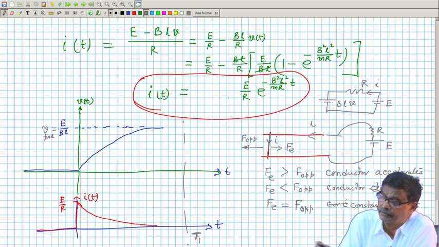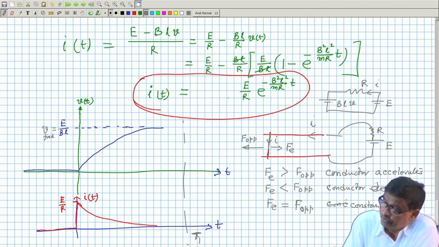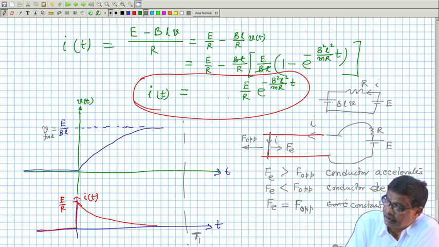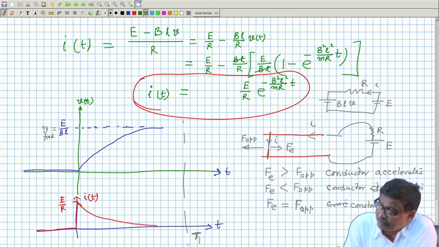But if an opposite force comes onto the conductor, it must decelerate, its velocity will start decreasing. If velocity starts decreasing, E will be greater than BLV and it will draw current.